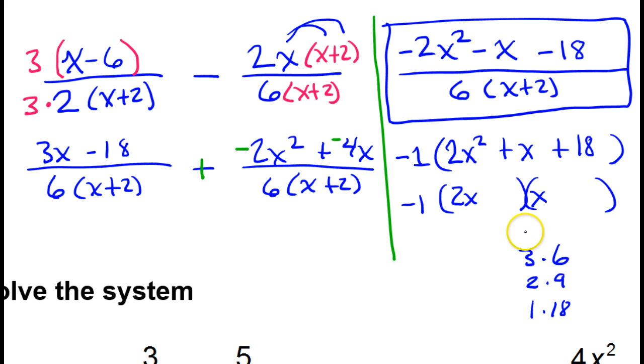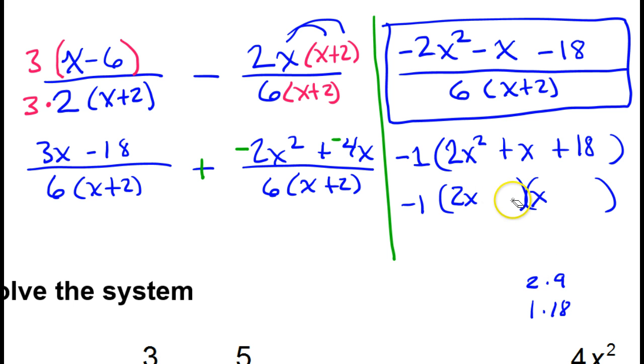I think that's it. So I'll try the 3 times 6 first. Inner would be 3x, and outer would be 12. Inner plus outer has to equal middle. That's not going to work. I couldn't put the 6 over here either because that would make a GCF, and that should never happen. So 3 and 6, no go.